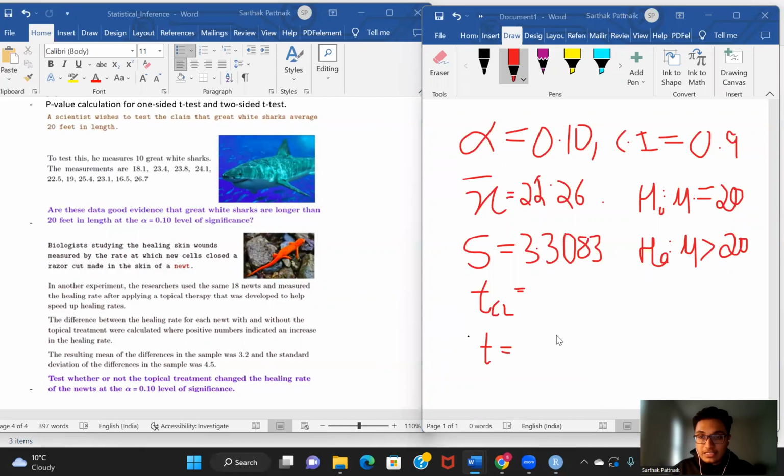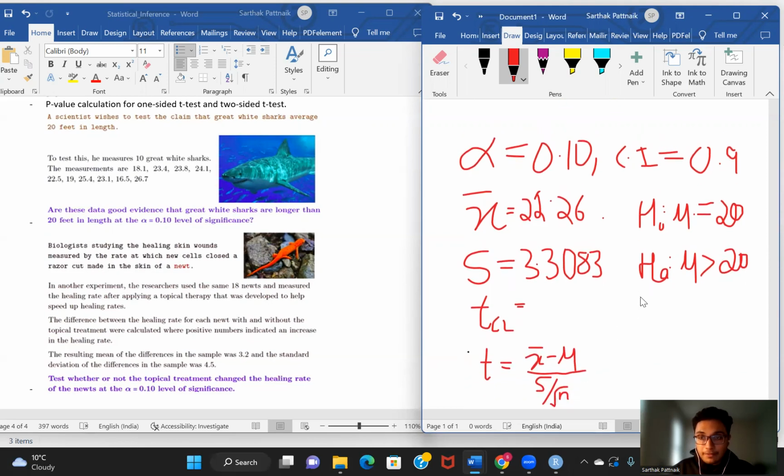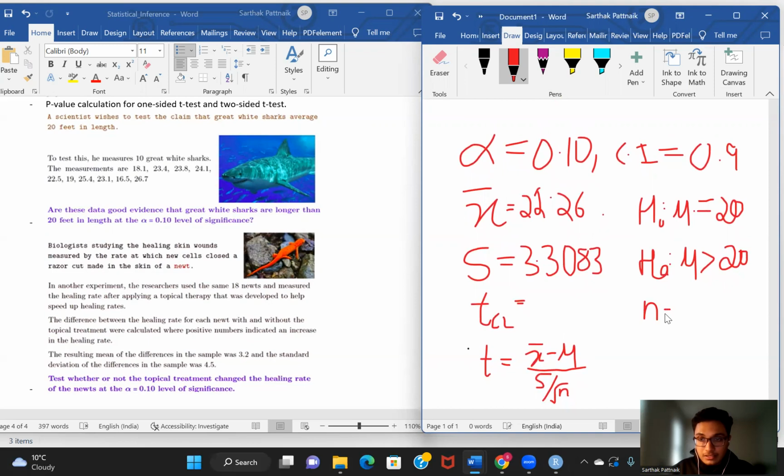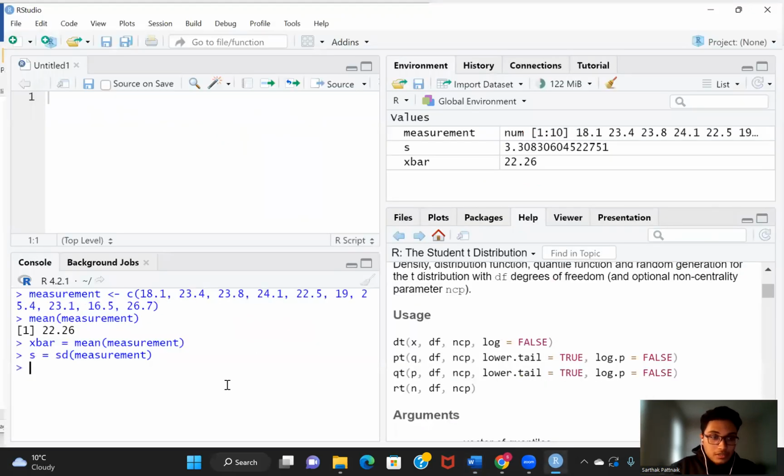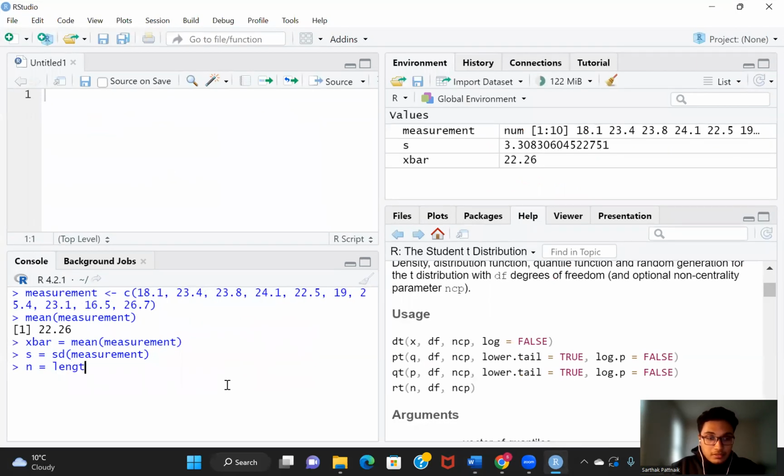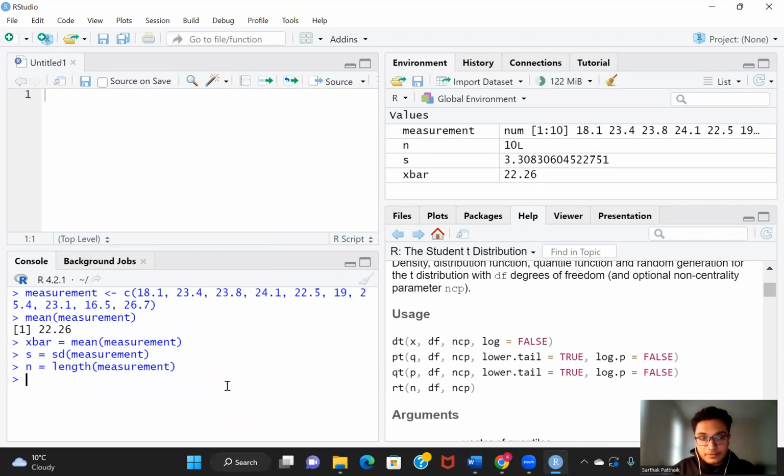So my test statistic will be x bar minus mu upon s by square root of n. And before I forget, my n is equal to the length of my measurement vector, which is 10.